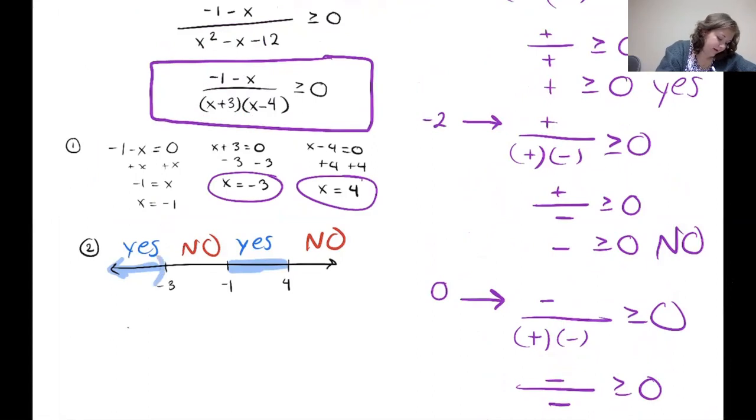So -3 gets a parenthesis and 4 gets a parenthesis. The 1 here came from the top of the fraction. So the way that we determine what end mark it gets is from the inequality sign. That is an inclusive inequality, and so that means we use a bracket.